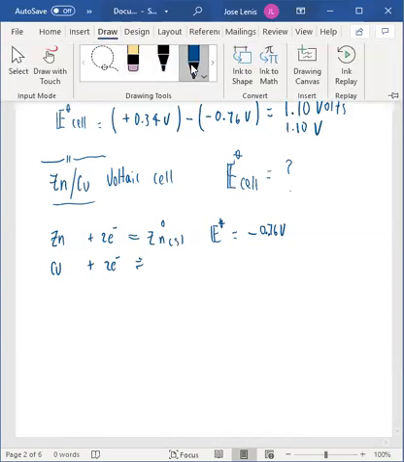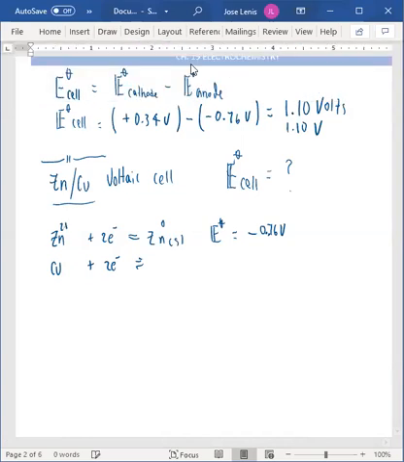We have zinc ions 2 plus aqueous, and copper ions 2 plus aqueous plus 2 electrons to form the copper metal. And the table shows us that that particular half reaction has a standard electropotential of plus 0.34 volts.